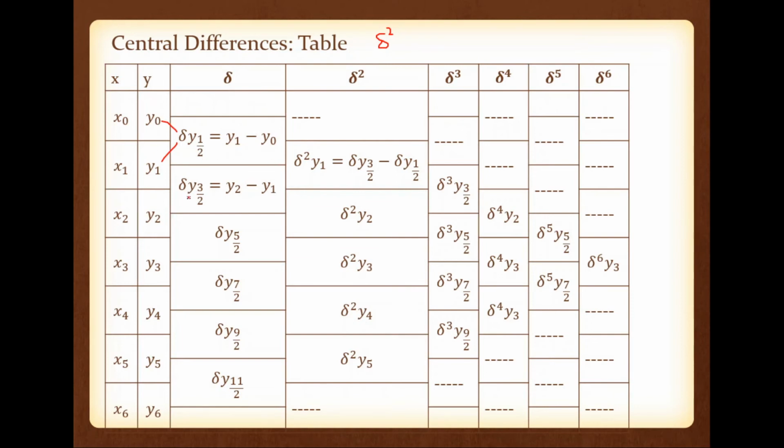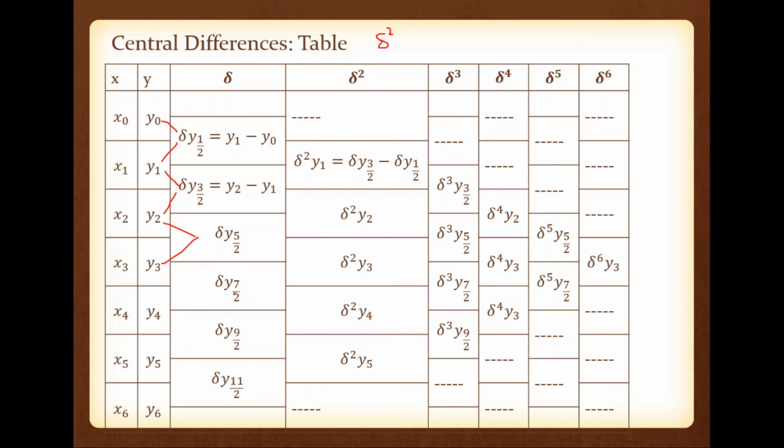Similarly, theta y3 by 2, that is theta y 1.5, is the difference between its next data and previous data, that is y2 minus y1, where you can see that the position of this one is exactly the middle of y1 and y2. Similarly, theta y 5 by 2, that is theta y 2.5, is y3 minus y2.